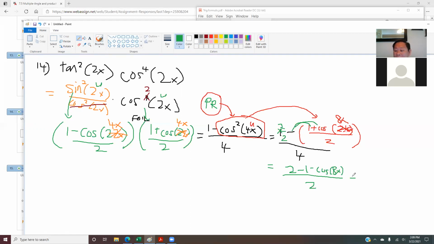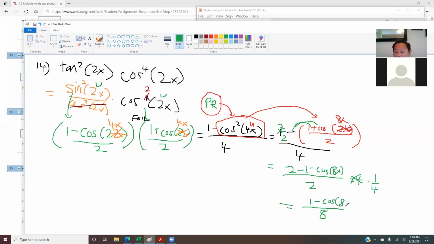And then I will divide this by 4, because the 4 is down here. Instead of dividing by 4, it's the same thing as multiplying by 1/4. So this will give me 8, because 2 times 4 is 8. Anything multiplied by 1, you get 1. So this one you just need to subtract. You will get 1 minus cosine of 8x.